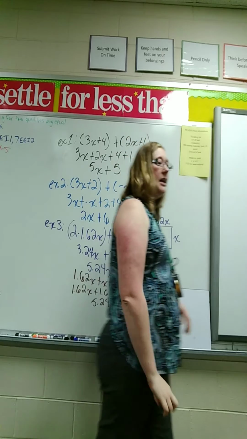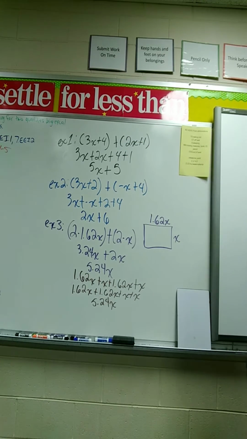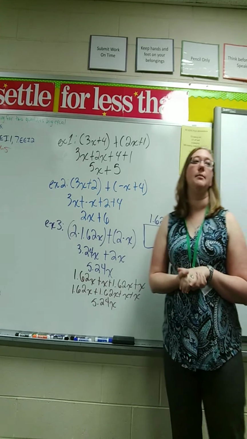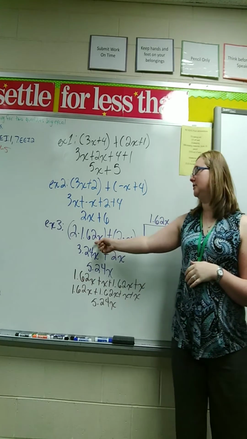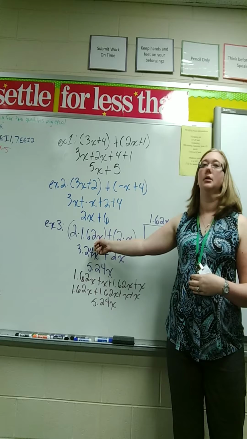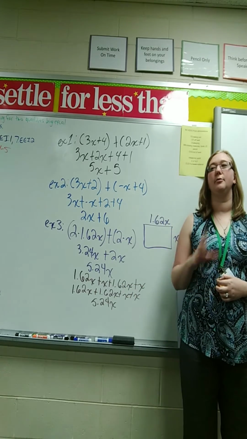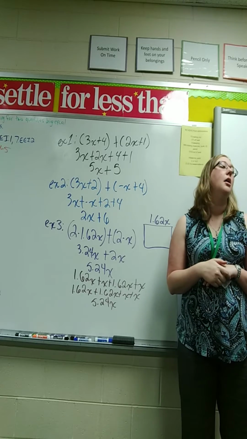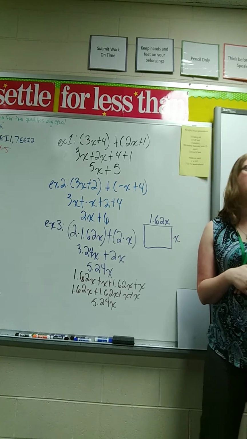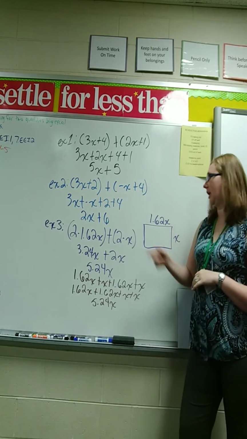Let's say that we had an irregular pentagon. That means we had a 5-sided figure where not all side lengths were the same. Can I use this? Nope. I'd have to do it this way because all the side lengths would be different. What if I had a triangle? Can I use this?